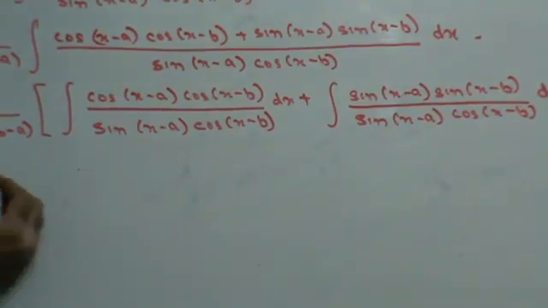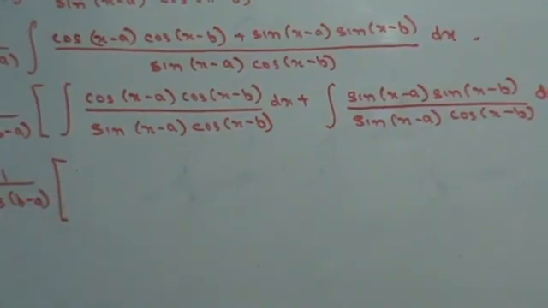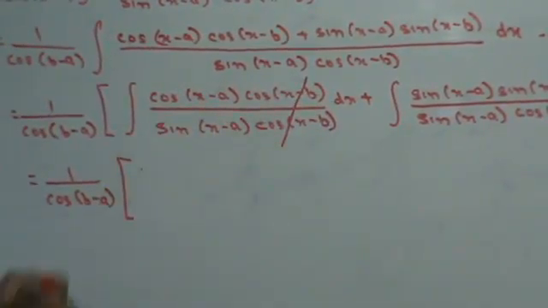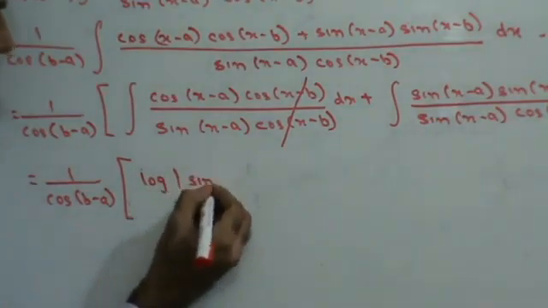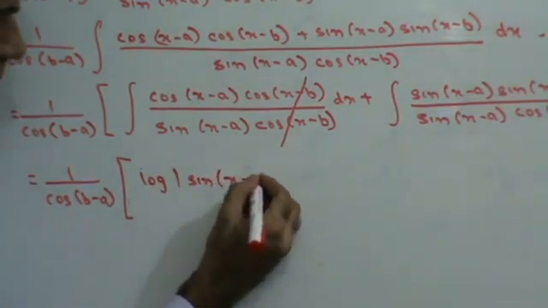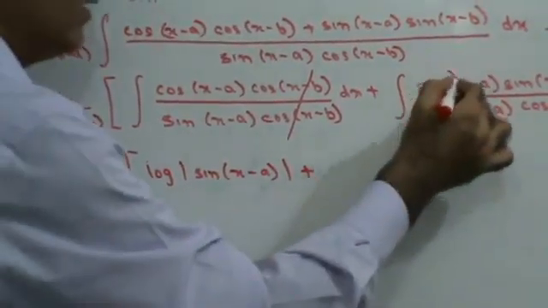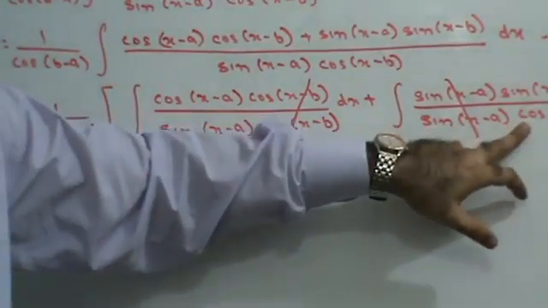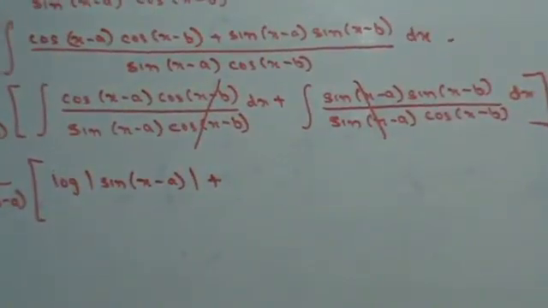Now cos and cos get cancelled. d by dx of sin(x minus a) is cos(x minus a), so you will use the formula integral of f dash of x upon f of x is log mod f of x. So log mod of the denominator, plus, here sin and sin get cancelled. d by dx of cos(x minus b) is minus sin(x minus b).